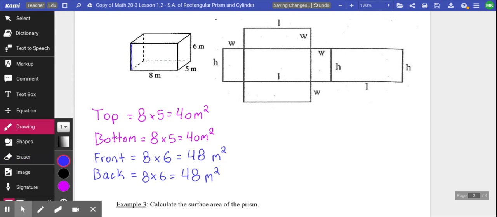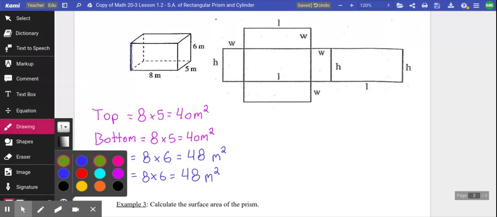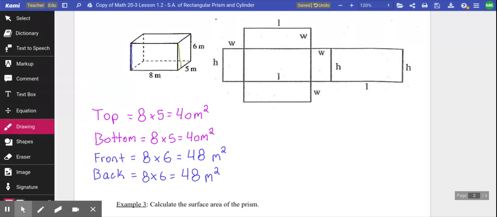The last two sides are the two sides of the box. Again, if you look at those sides of the box and you're trying to picture length times width, this is my length, it's 5. This height of the box is my width, which is 6.